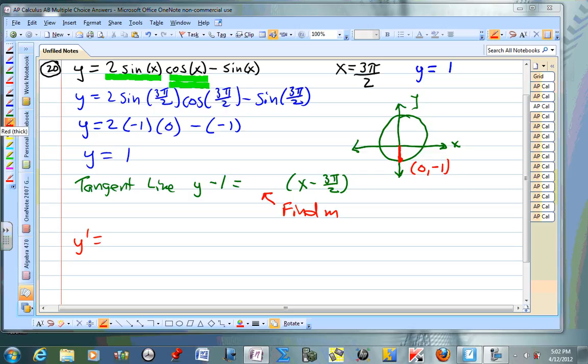So here it goes. We have y prime is the first, times the derivative of the second. The derivative of cosine is the opposite of sine. Throw the negative sign out in front of the 2, plus the second function, cosine of x times the derivative of the first. And so that's going to be 2 times cosine of x.